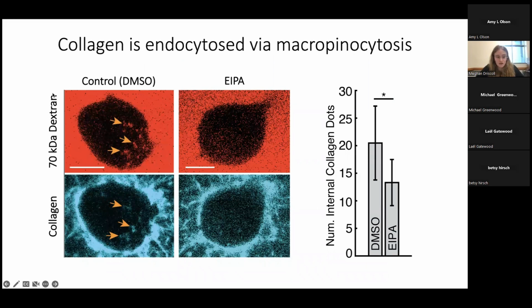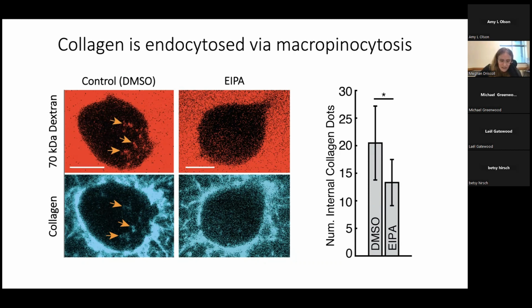It's just a large dextran molecule, and then that molecule is endocytosed along with the collagen. And if you put in a large enough molecule, it's considered a non-specific form of ingestion, right? So that's what we would generally think of as macropinocytosis, rather than a more specific form of endocytosis. Okay?